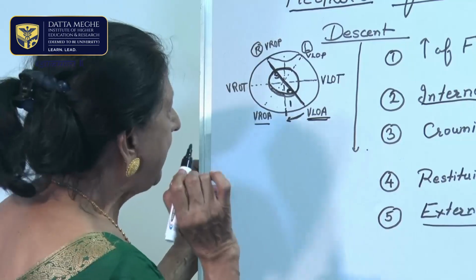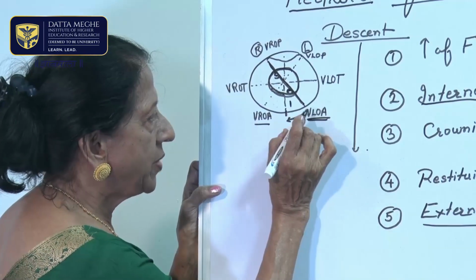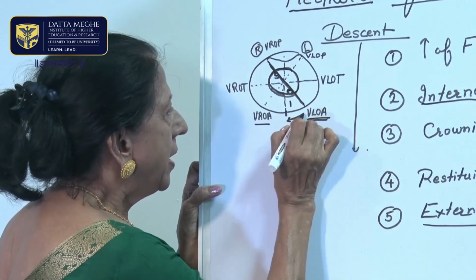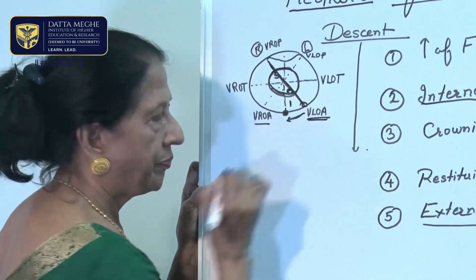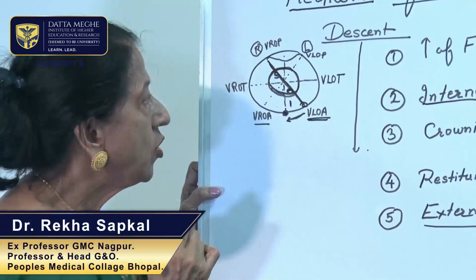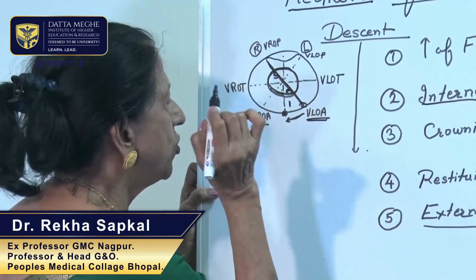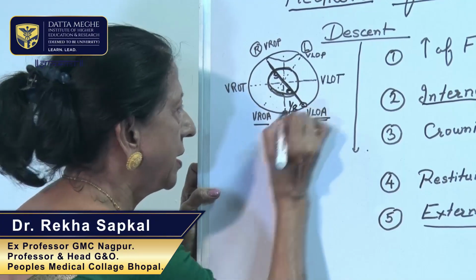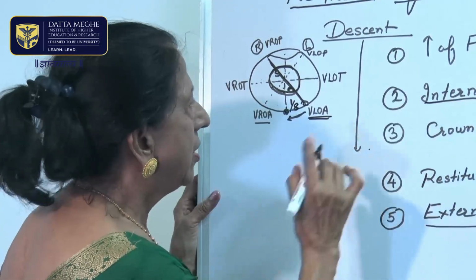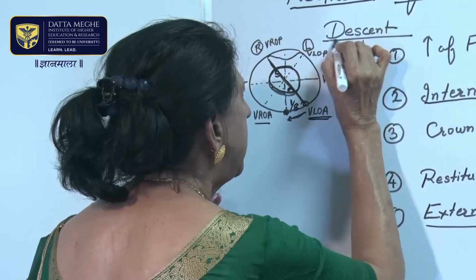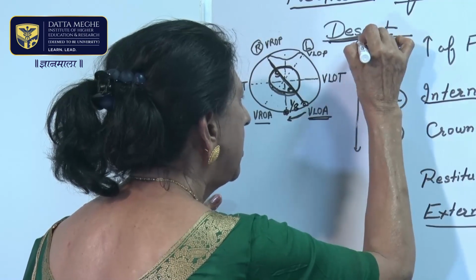Now, what happens in vertex left occipito anterior position is occiput rotates from this position to midline. That is the principle. So, in internal rotation, it moves towards the midline, that is 1/8 of a circle. This is how the things go on. Now, let us learn this thing in steps. I have written here, descent is occurring throughout the labor.